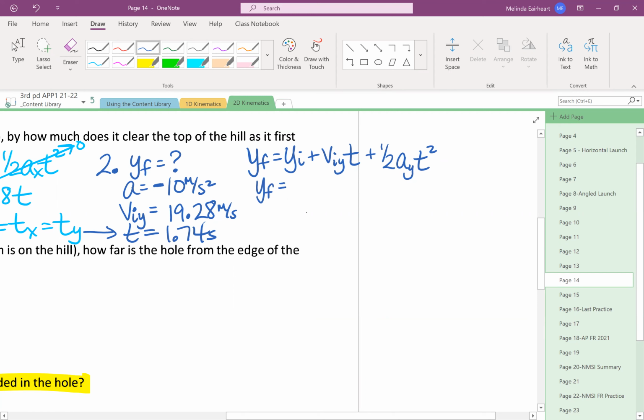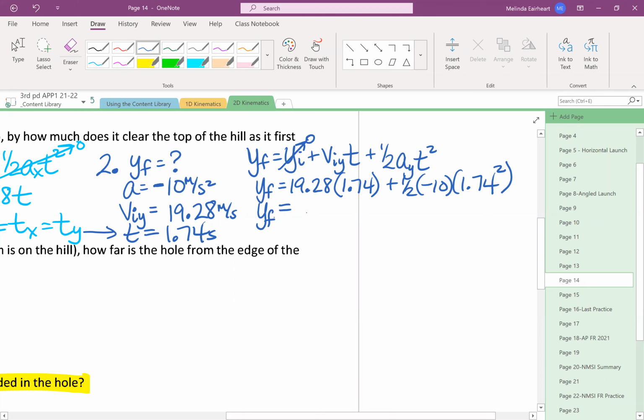Initial vertical position, it starts on the ground. And so we'll call that 0. And so 19.28 times 1.74 seconds plus half of -10, and then the same 1.74 seconds, but on this one, don't forget to square. So calculate it out.